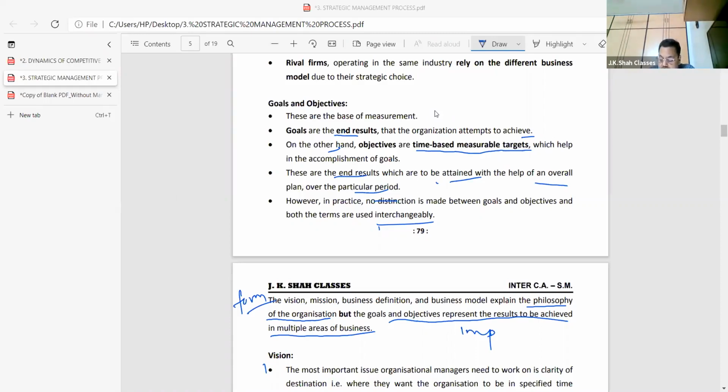Unmute yourself. Yeah, please, beta, please do that.